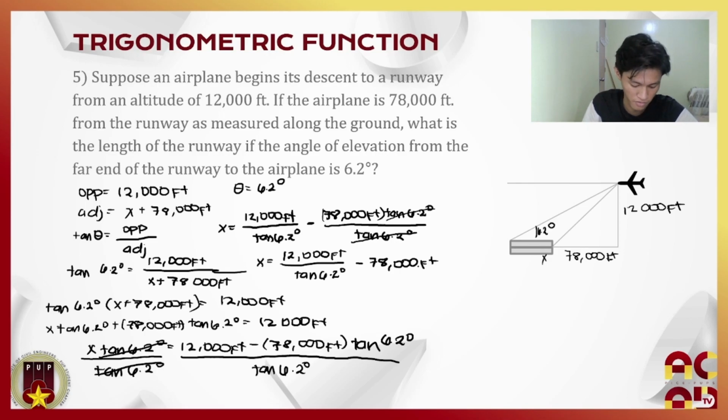Ayan. So, since meron na tayo simplified na equation, pwede na ulit tayong gumamit ng calculator in order to solve this. So, 12,000 divided by tangent 6.2 degrees minus 78,000. Meron tayong 32,000.